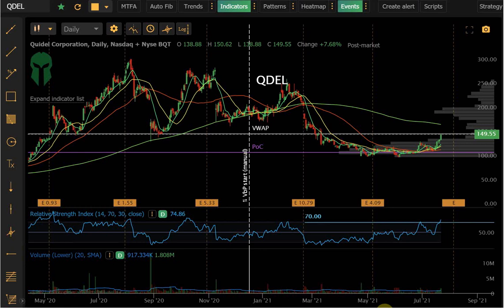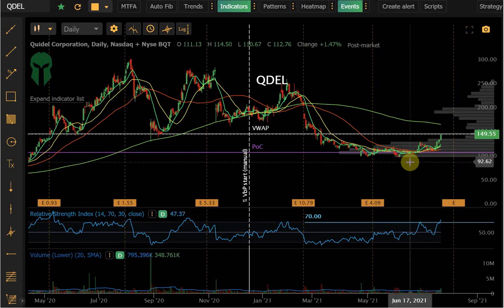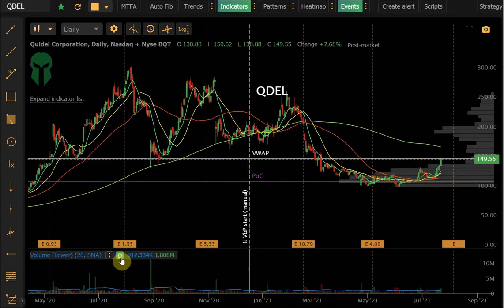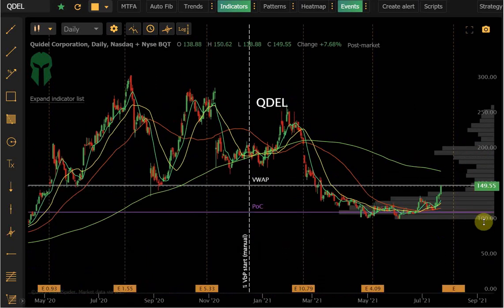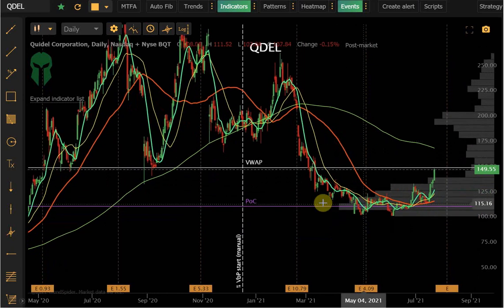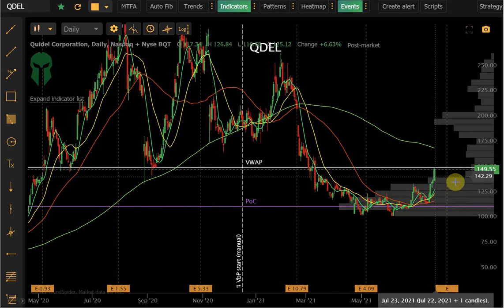Now, in regards to this volume by price, look at what transpired, okay? We're hitting point of control. We can get rid of this RSI for a moment. Let me get rid of this volume too so we can look at a bigger chart for those that are on their mobile. And we can blow this up. So look at what I'm doing here. I'm respecting my point of control, and I stopped right at volume by price VWAP.